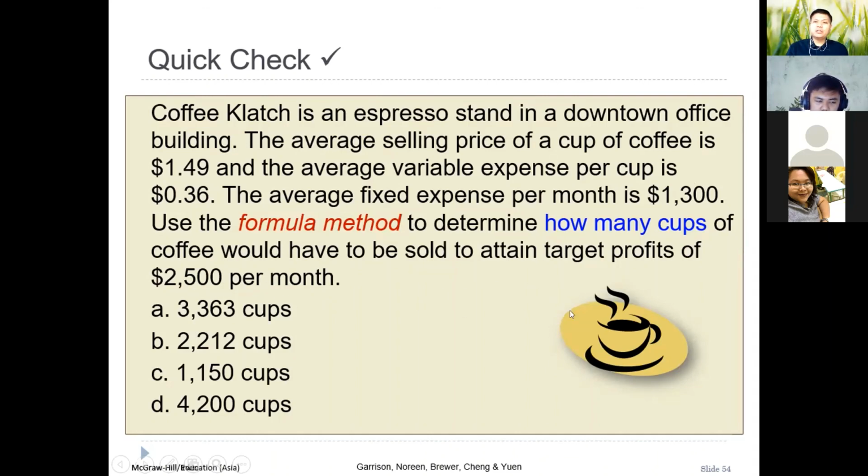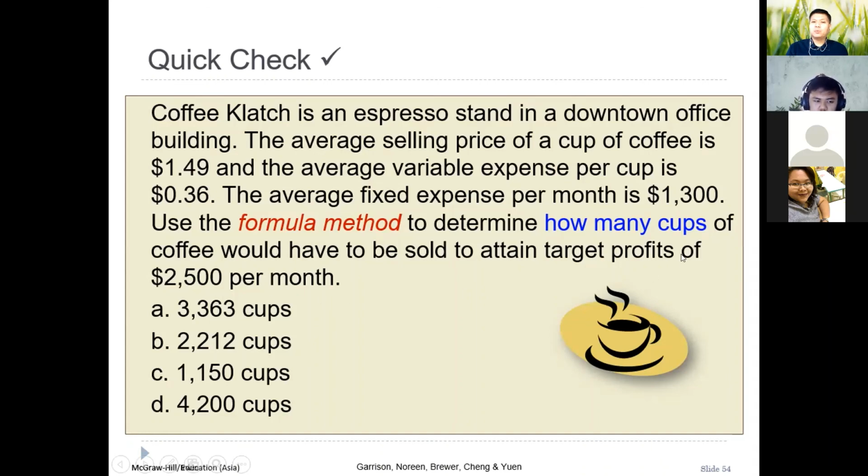So ano yung denominator mo dito? Kasi hinahanap quantity eh. Eh di CMU. Ano ba yung CMU natin kanina? 1.49 minus 0.36, you get what? 1.13. O following yung sa Excel file, anong gagawin natin? Fixed cost plus the target profit divided by CMU.